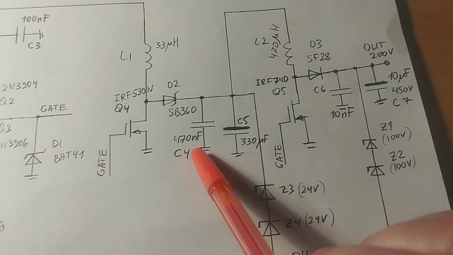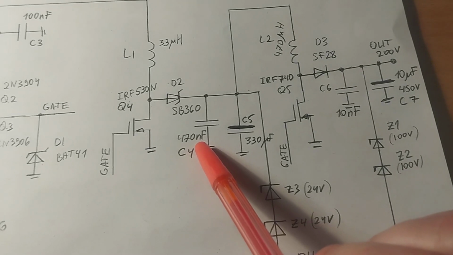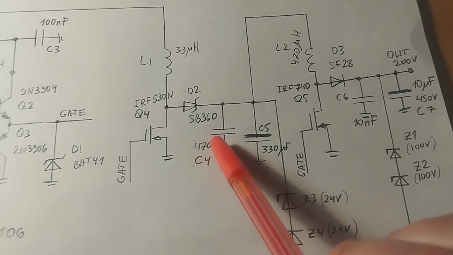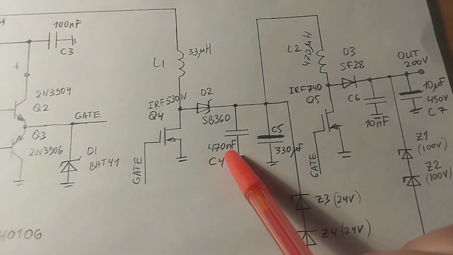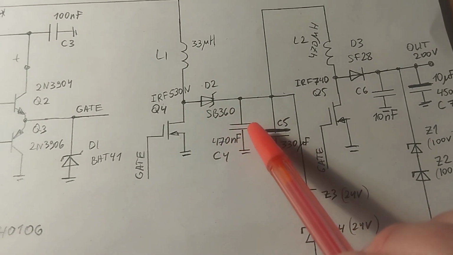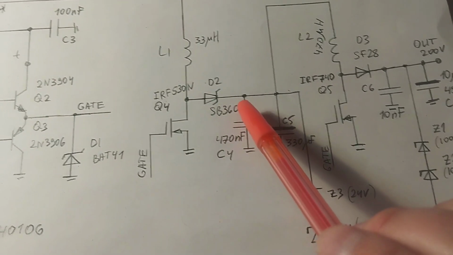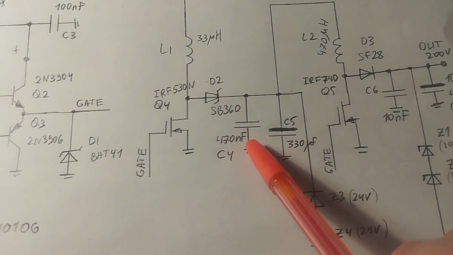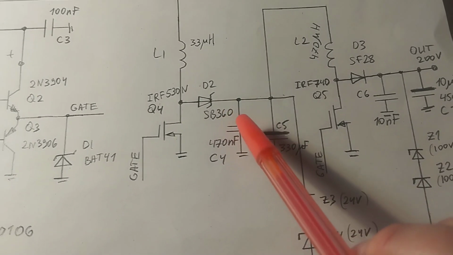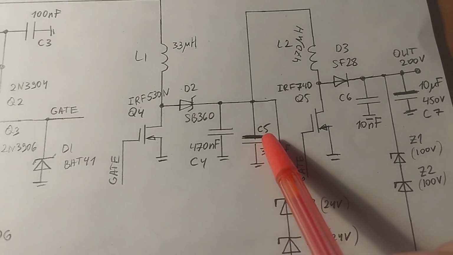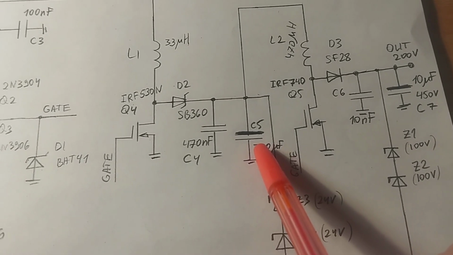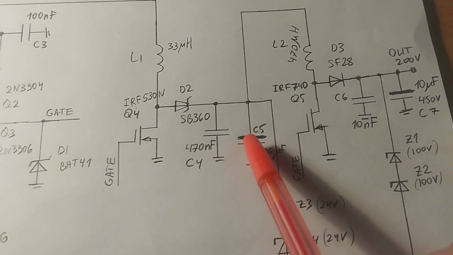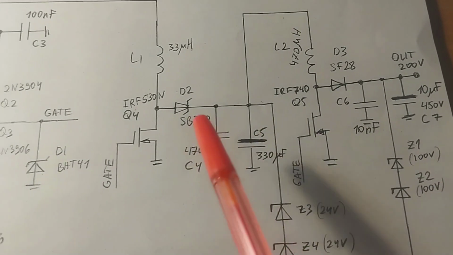This capacitor has small capacitance. It suppresses high frequency spikes with high current, so it decreases heating of this electrolytic capacitor and increases efficiency.